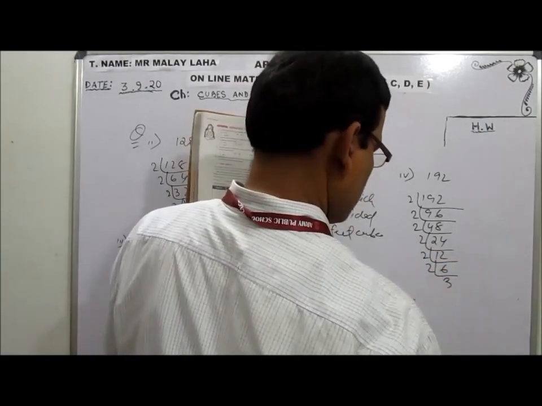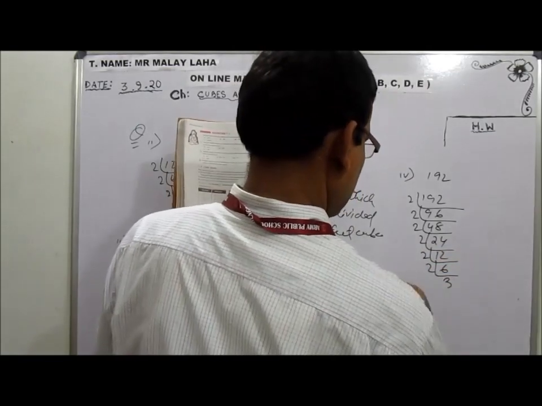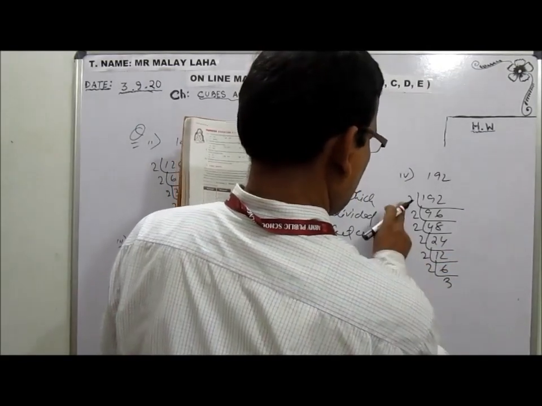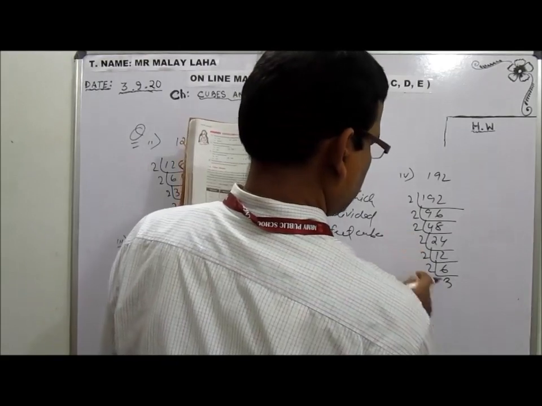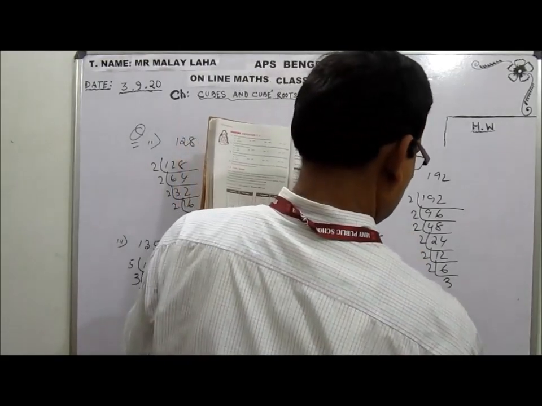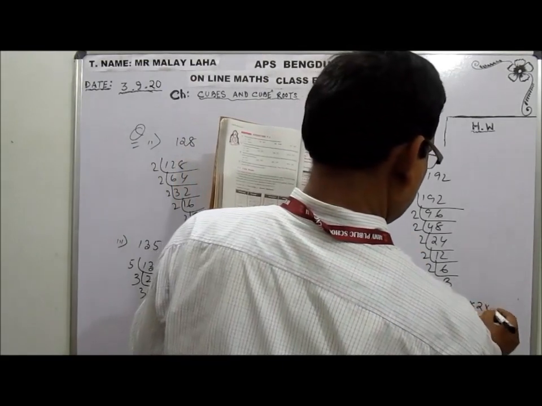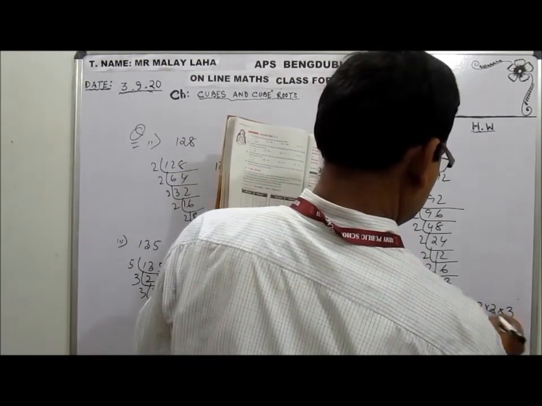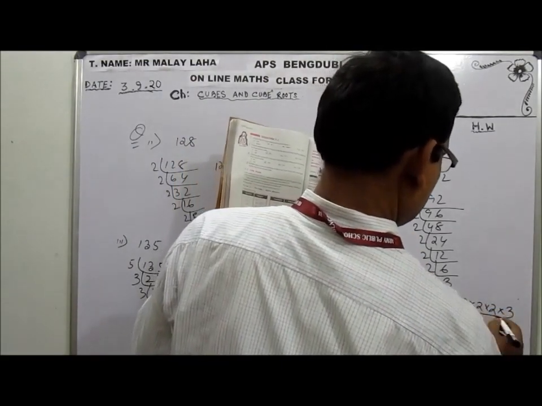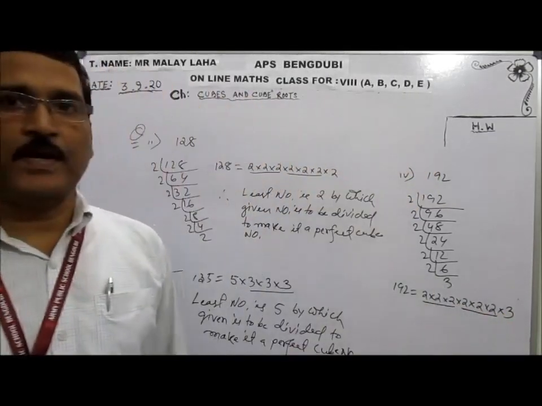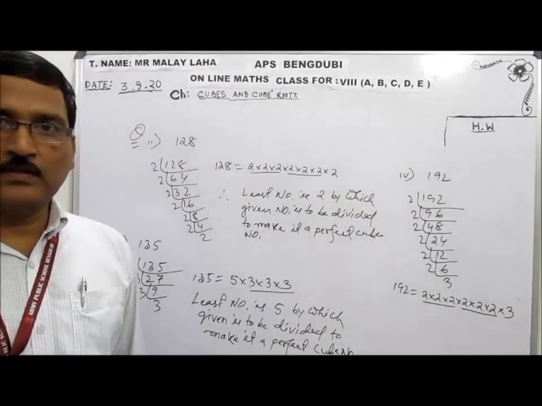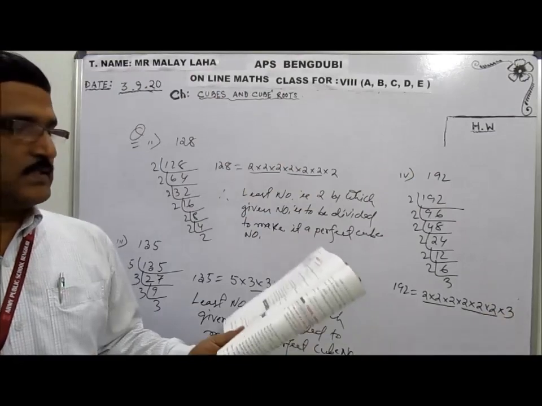So therefore 192 equals 2 six times into 3. So we have groups of 3 common factors, and the last one is 3.